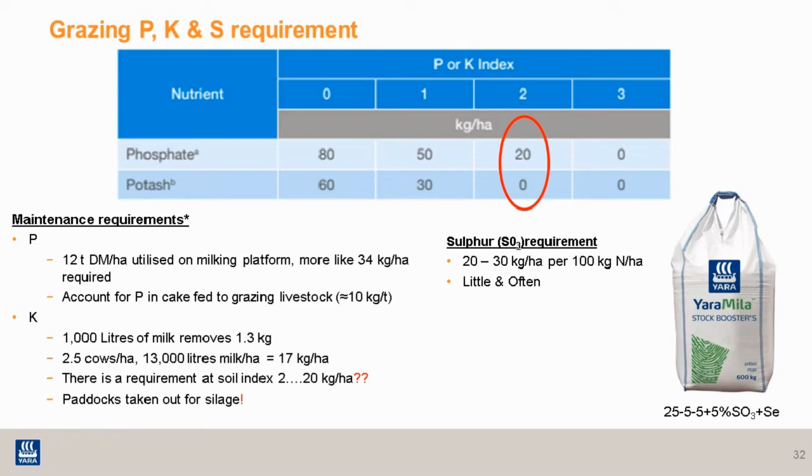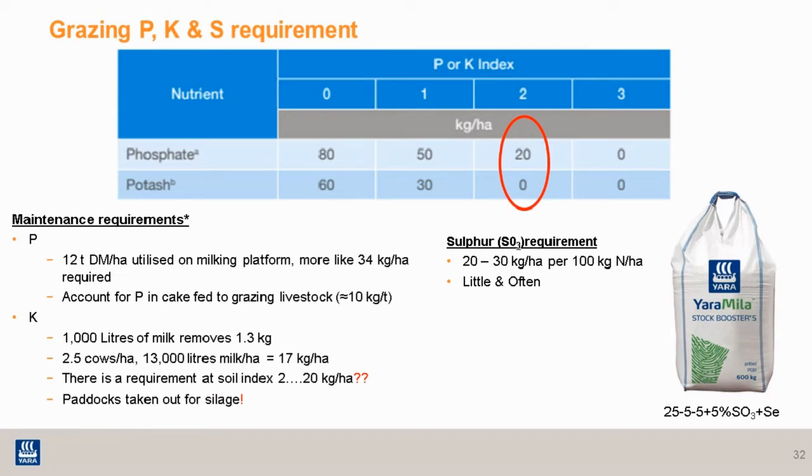If you're growing 12 or maybe 15 ton of grass dry matter annually on a field, and the animal is eating 12 ton of that 15 ton, the offtakes into milk and live weight are more like 34 kgs per hectare.